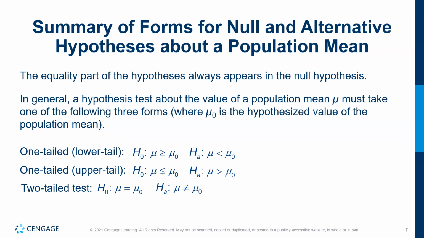So in a one-tailed test, our null hypothesis is that the population mean is greater than or equal to the sample that we're finding. And the alternative would be that it's less than.